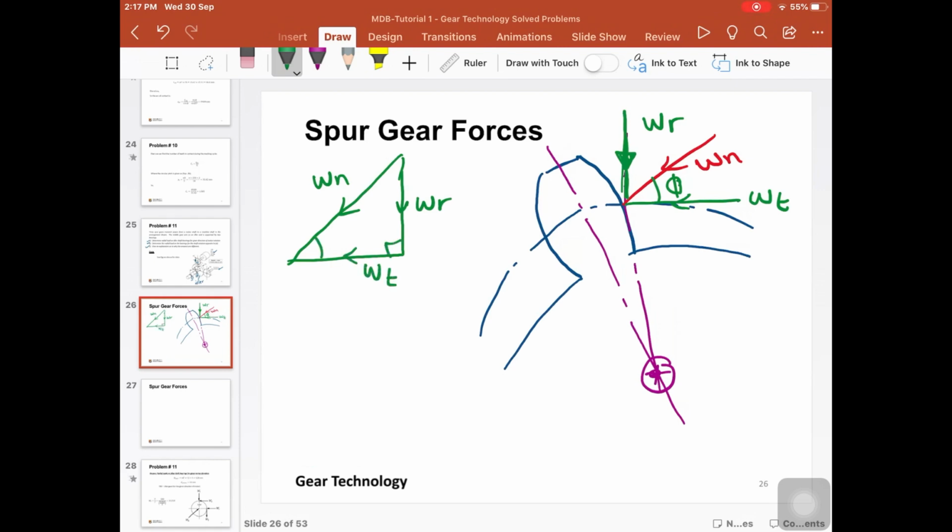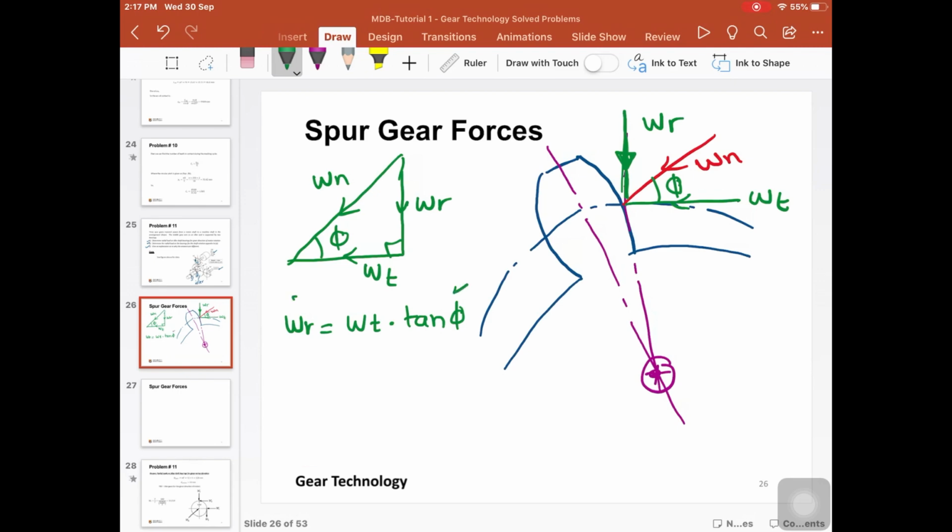This is a right triangle, and this angle is phi. So simply, we can find the relation between them. For example, we could say here Wr is equal to Wt times tan phi. Normally phi is given as a pressure angle, a standard value.